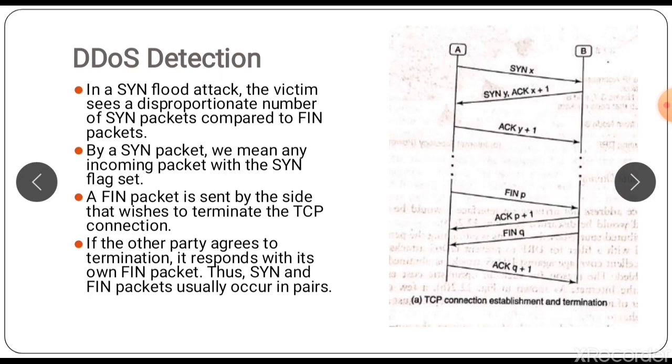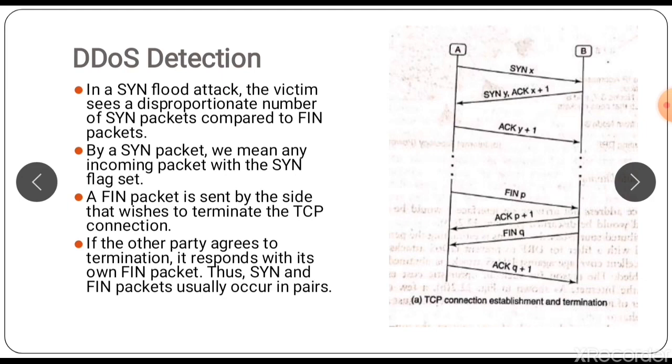Here you can see A wants to terminate the connection, so it sends the FIN packet to B. B will respond with the acknowledgement for that. Along with that, it will send its own FIN packet. So usually these SYN and FIN packets occur in pairs. If you have one SYN message, then you will have one FIN message from that client.